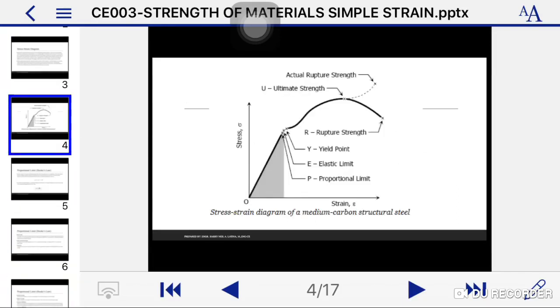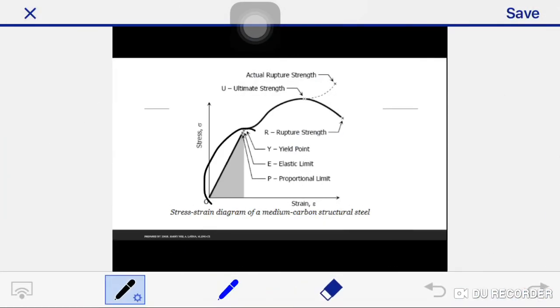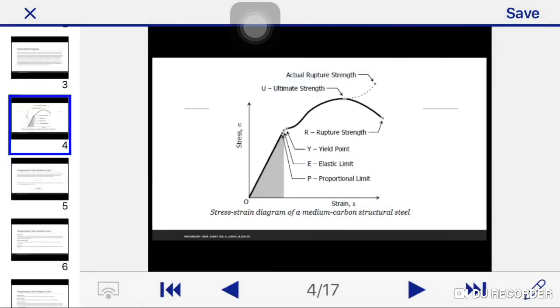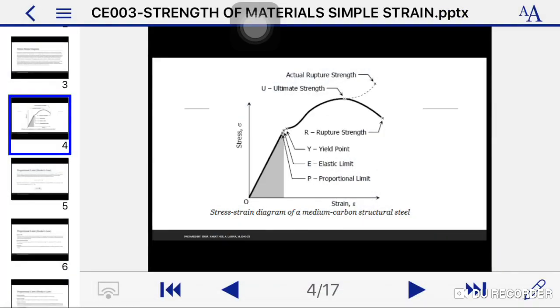So nasaan ba yung shaded area? So ito daw yan, yung ating shaded area in the figure. So the resilience of the material is its ability to absorb energy without creating a permanent distortion.